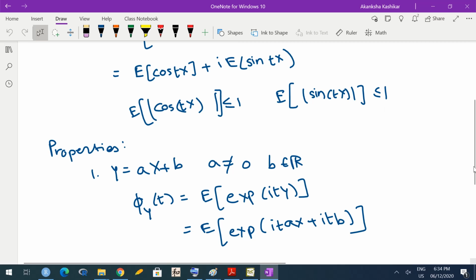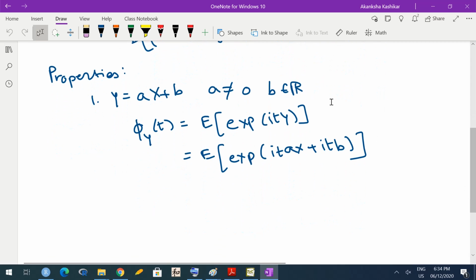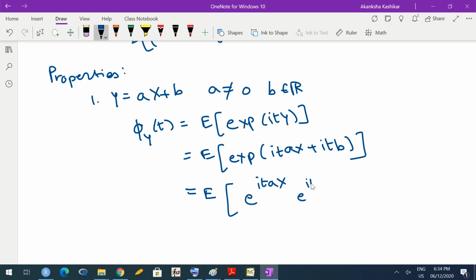So itb, these are all constants. As a result, they can be taken outside the expectation. So this can be written as expectation of e raised to itaX into e raised to itb. So e raised to itb can come outside. And now expectation of e raised to itaX is nothing but the characteristic function of X at ta instead of just t.